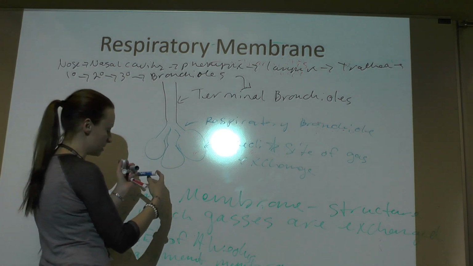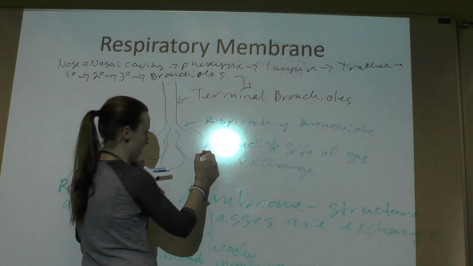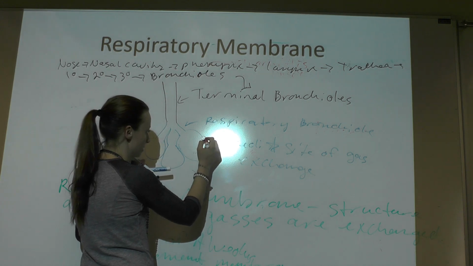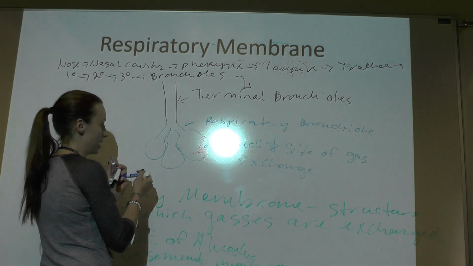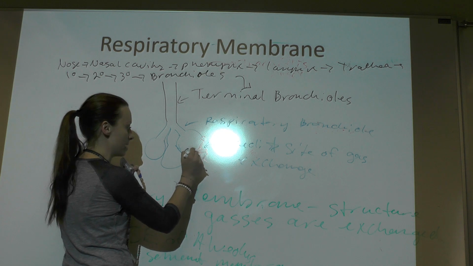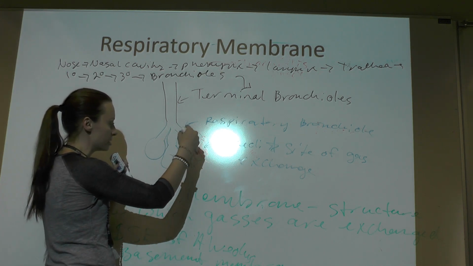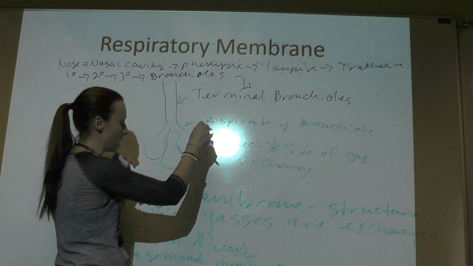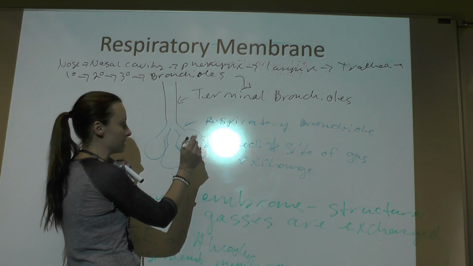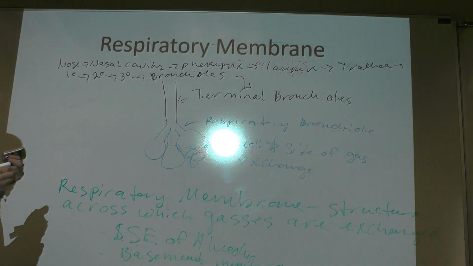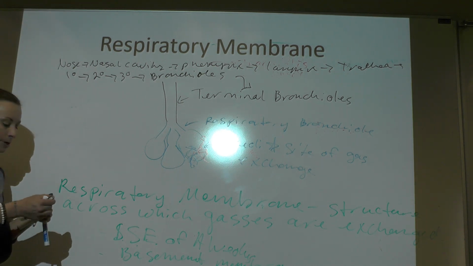If we were to zoom into these alveoli, we would see capillary beds surrounding them. Our deoxygenated blood comes in from our pulmonary arteries, and we'll have gas exchange. We pick up that oxygenated blood in our venules that lead into the pulmonary veins and bring this oxygenated blood back to the systemic circuit. So that's the respiratory membrane.